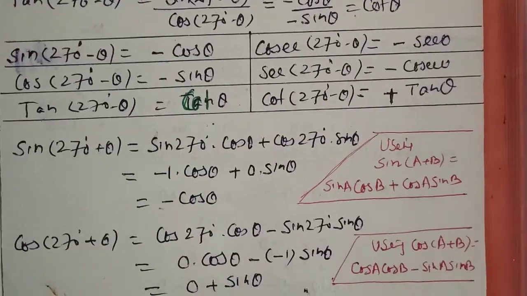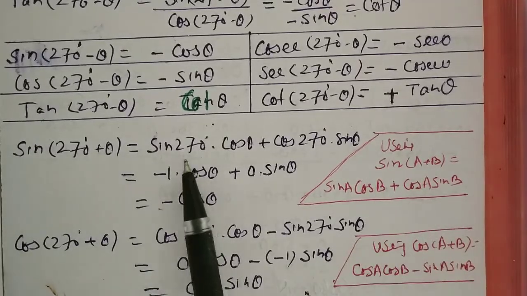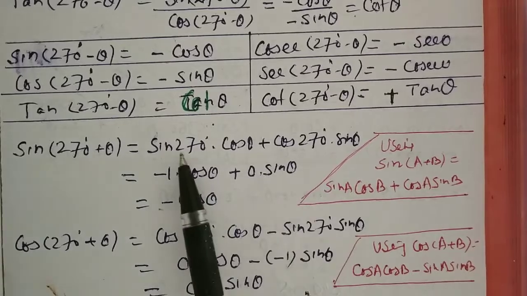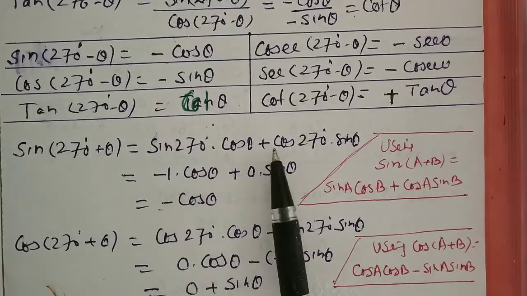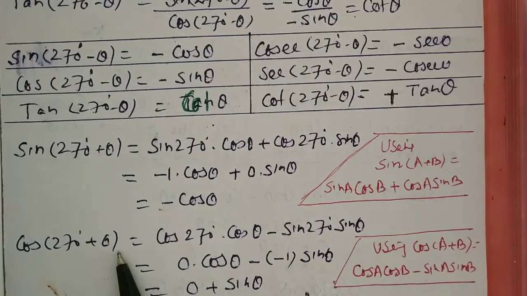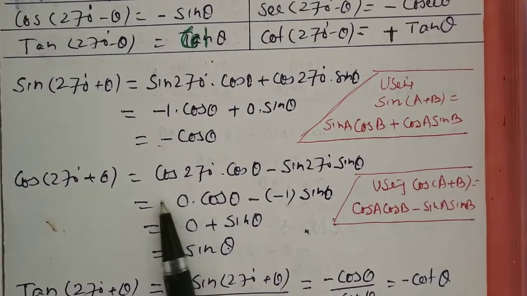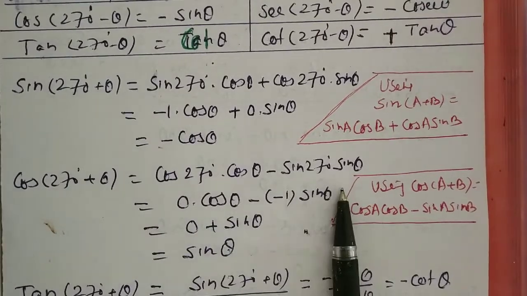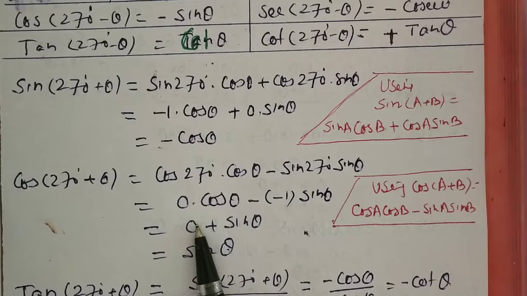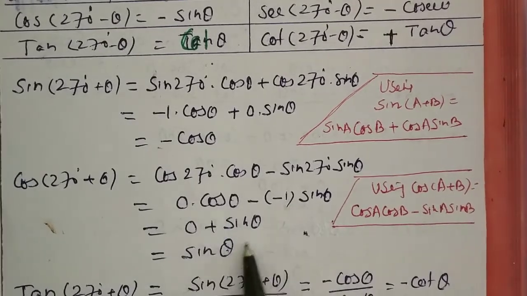Now to prove sine 270 plus theta, again using the formula sine(A plus B) equals sine A into cos B plus cos A into sine B. Write according to the formula, put the value minus 1 and cos 270 is 0, so this is minus cos theta. Cos 270 plus theta: use the formula cos(A plus B) equals cos A into cos B minus sine A into sine B. Cos 270 is 0, sine 270 is minus 1, so the first part is 0, so minus minus plus sine theta.